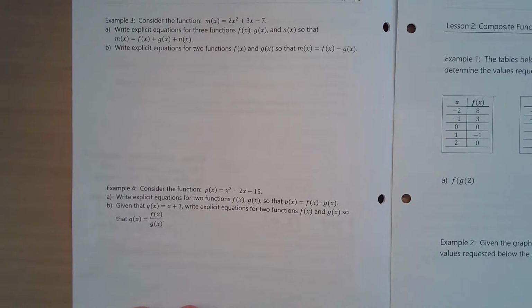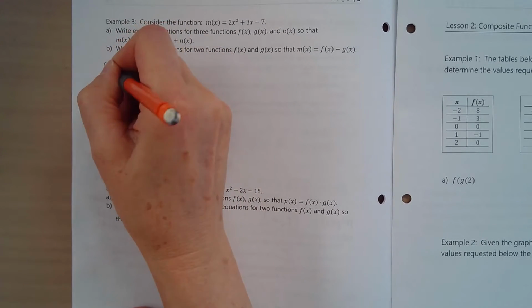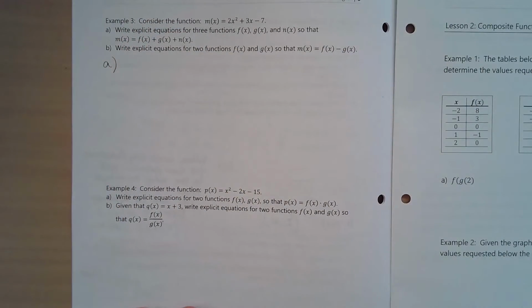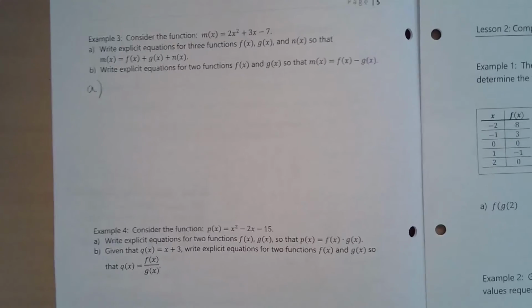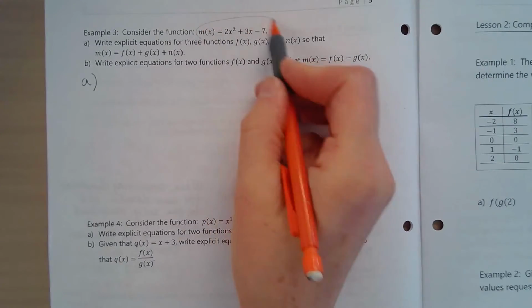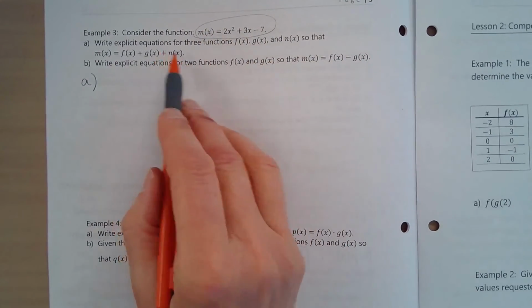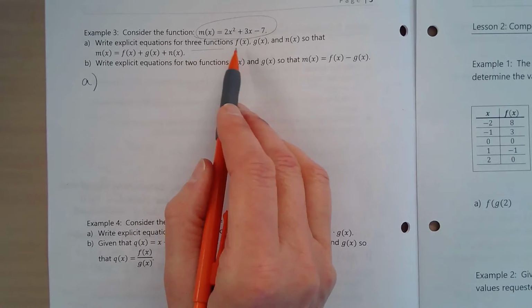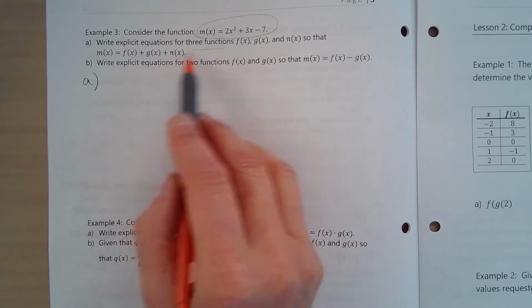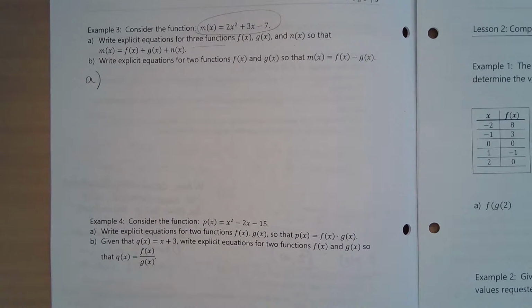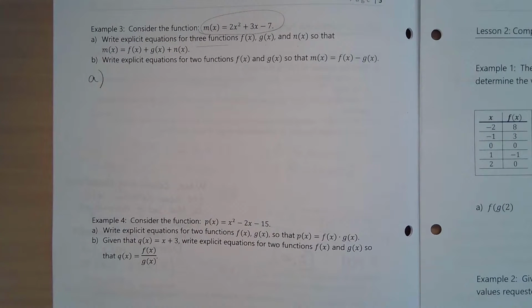There's more than one possible answer, so come up with a possible answer. Here's m of x. We want 3 functions, f, g, and n, so that all 3 will add up to be 2x squared plus 3x minus 7.